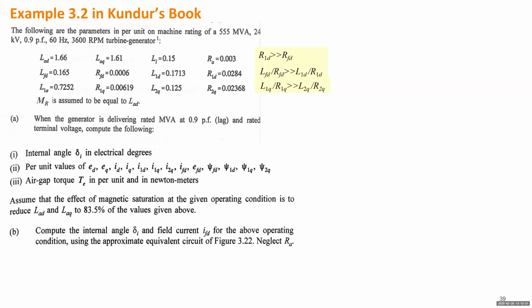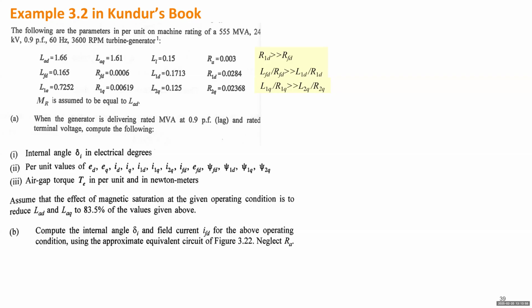Because when you add a second damper winding, it's supposed to model a different dynamics. So if the second damper winding has similar L and R values, you don't need to add a second one. You want to add a very different one. So that makes R2Q to be much bigger than R1Q. So this one's supposed to be bigger than that one.